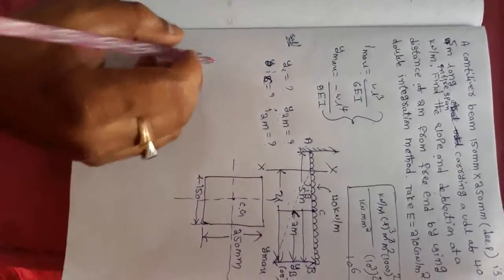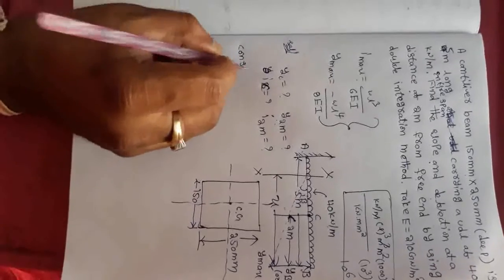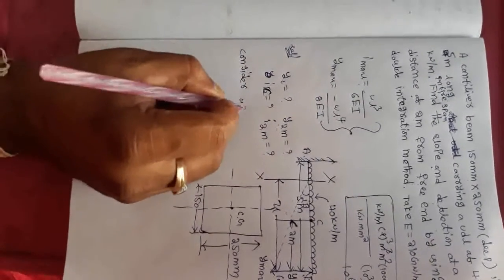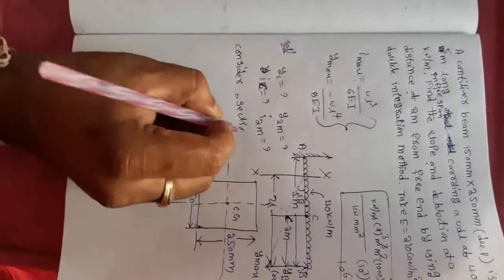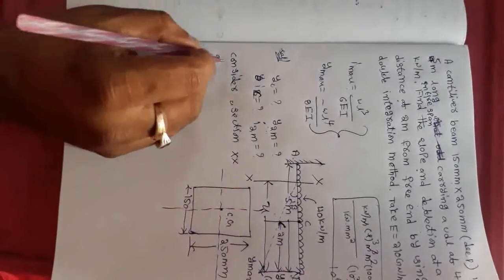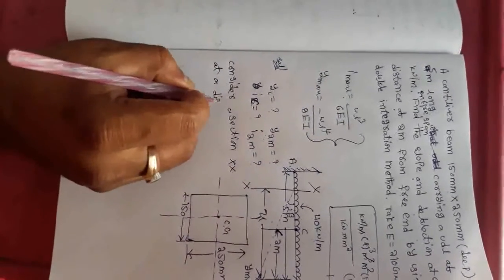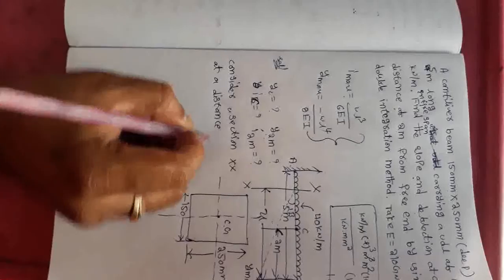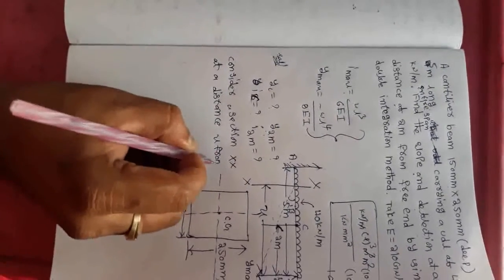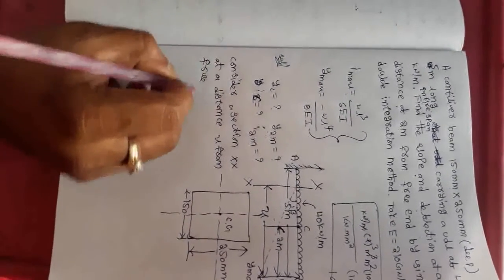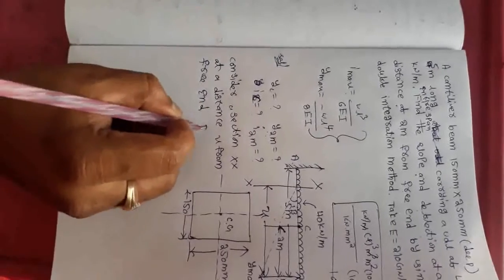So consider a section x dash x at a distance x from the free end, that is B.